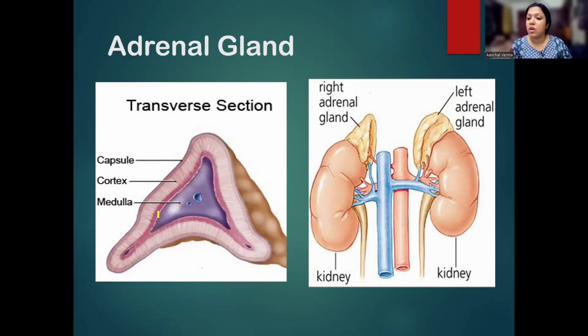ACTH, adrenocorticotropic hormone, released by the pituitary, is effective on the cortex. And your sympathetic nervous system is controlled by this release from the medulla. We'll talk about it. The adrenal glands are located as a cap over both the kidneys.